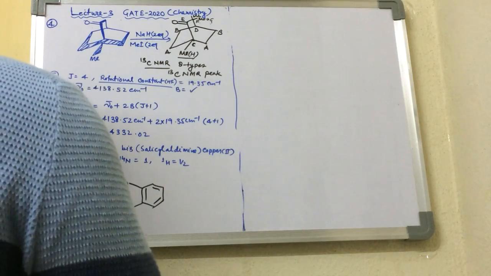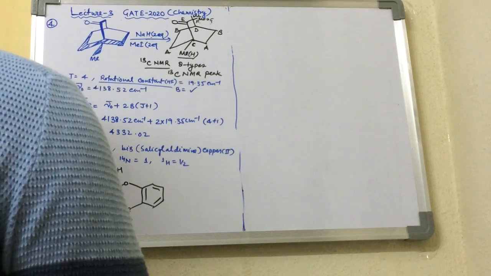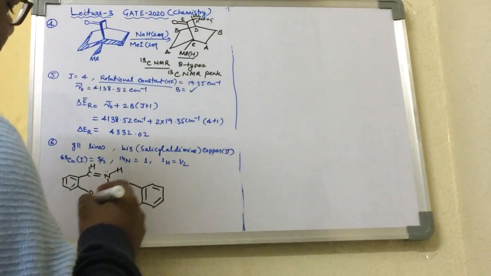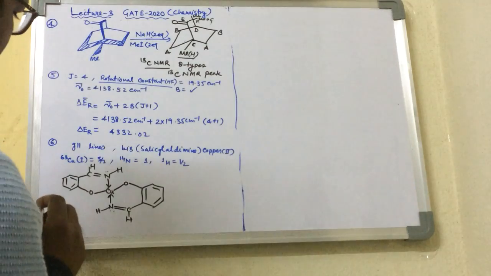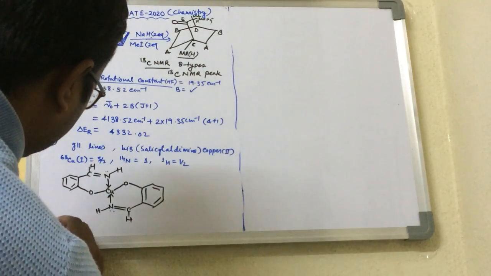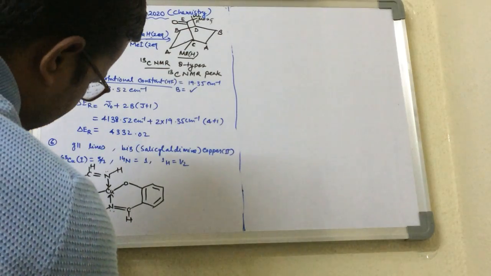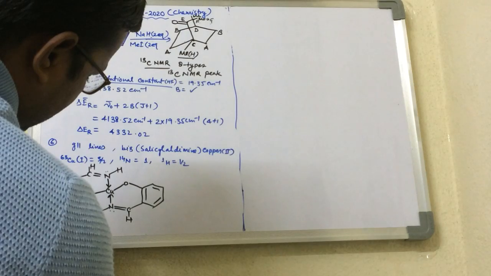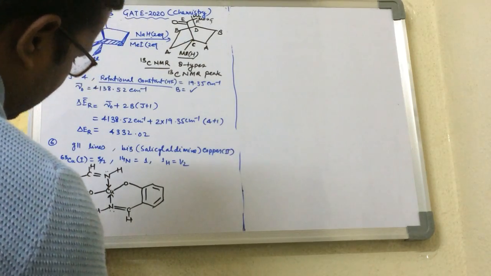So simply we apply this multiplicity, 2nI plus 1.